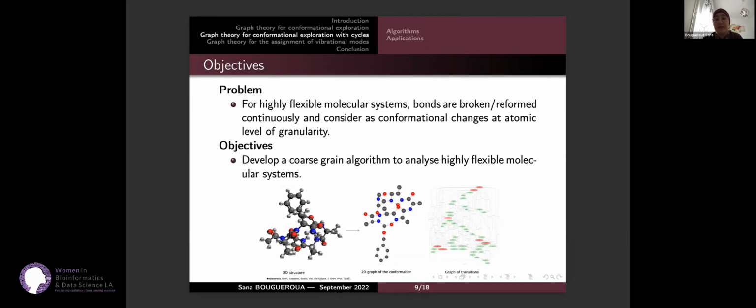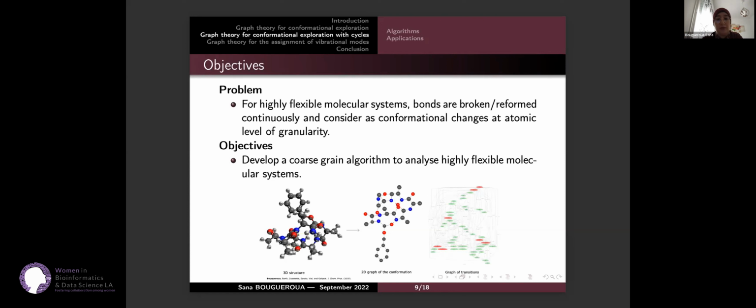Since this is our definition of conformational change, this is considered a conformational change, but it is not the case, because we have just a vibration around the threshold value. So it becomes difficult to quantify what the relevant conformers are.